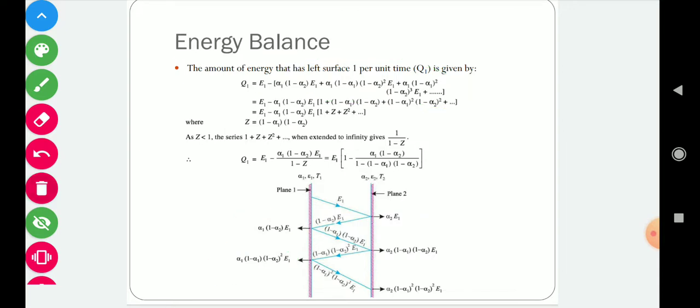So in this way we can calculate this Q1, and after further simplification we can write this equation in this form, and finally in this form. Here Z is equal to 1 minus alpha 1 into 1 minus alpha 2. Now the values of alpha 1 and alpha 2 vary between 0 and 1.